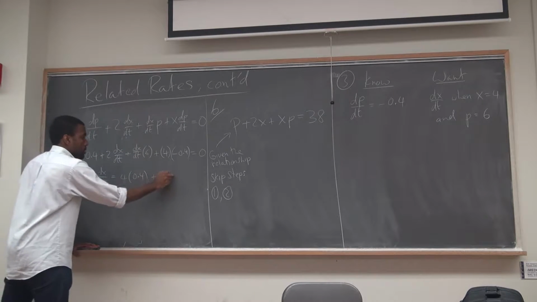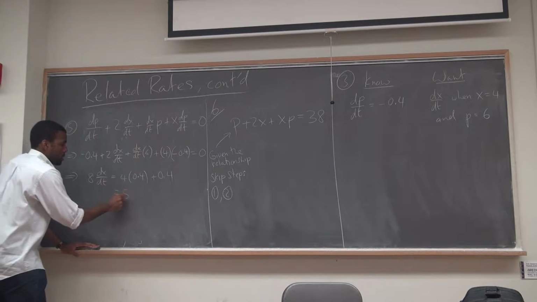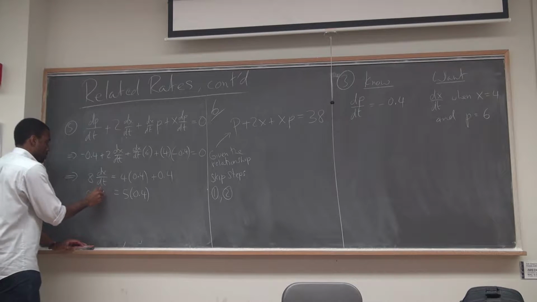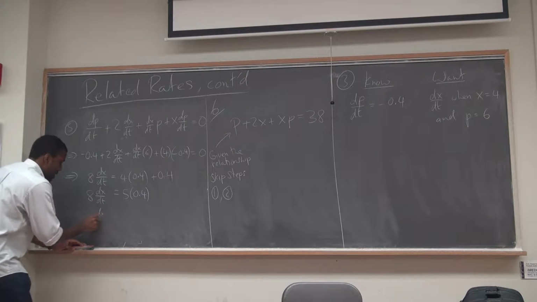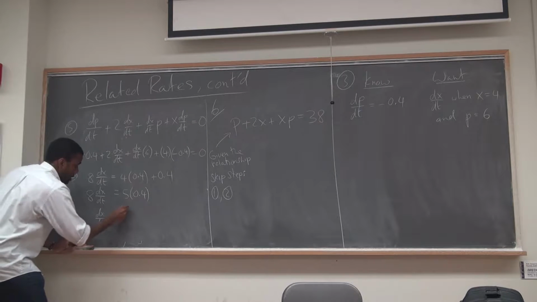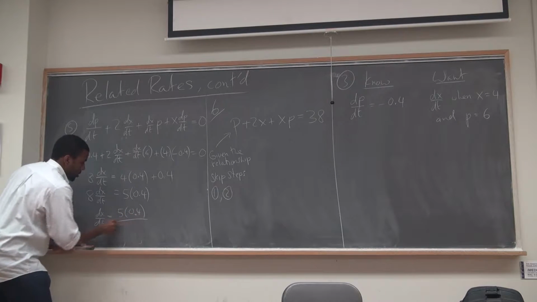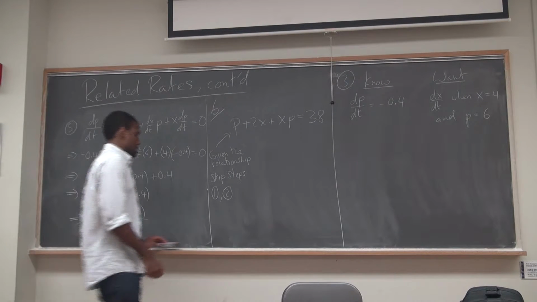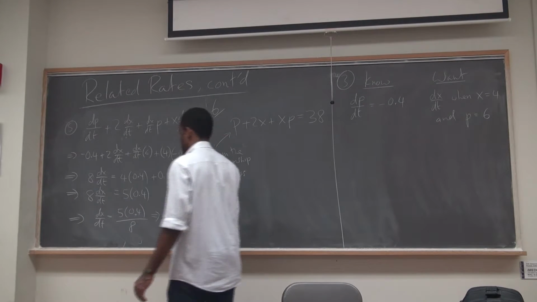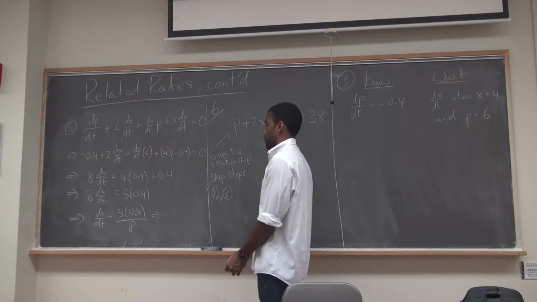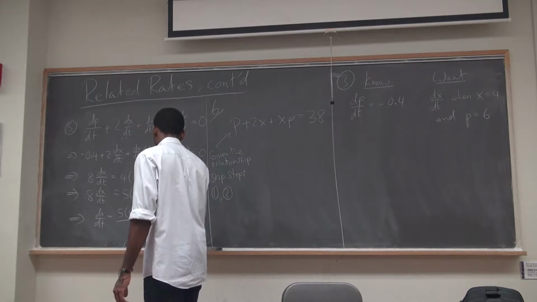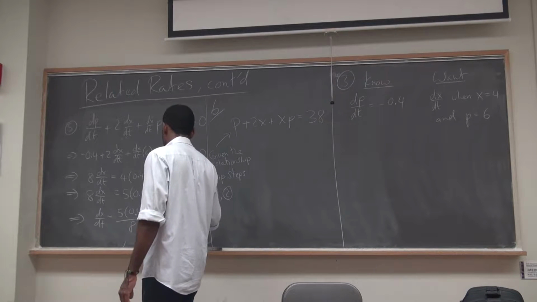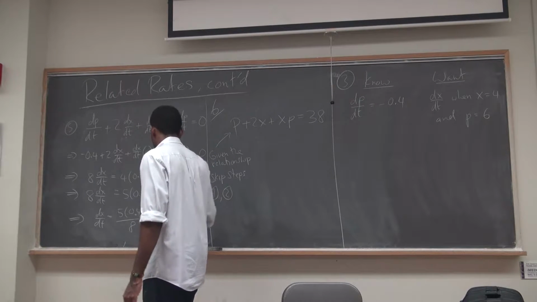In other words, I have 5 0.4s, so dx/dt is going to equal 5 times 0.4 over 8. 5 times 0.4 is just 2. 5 times 4 is 20, and with the decimal place, that becomes 2. So 2 over 8, which is 1/4 or 0.25. A quarter.